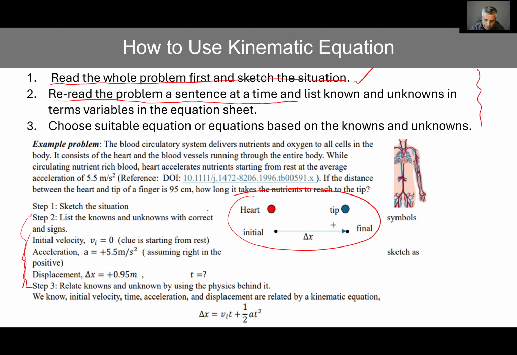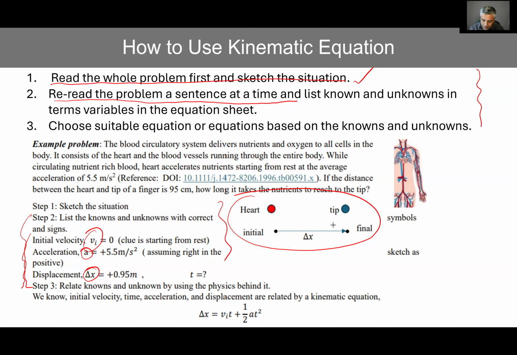And once you have written them down, make sure you are writing them with proper notation. What is proper notation? The notation we've been using in this class, the notation you find in the equation sheet.